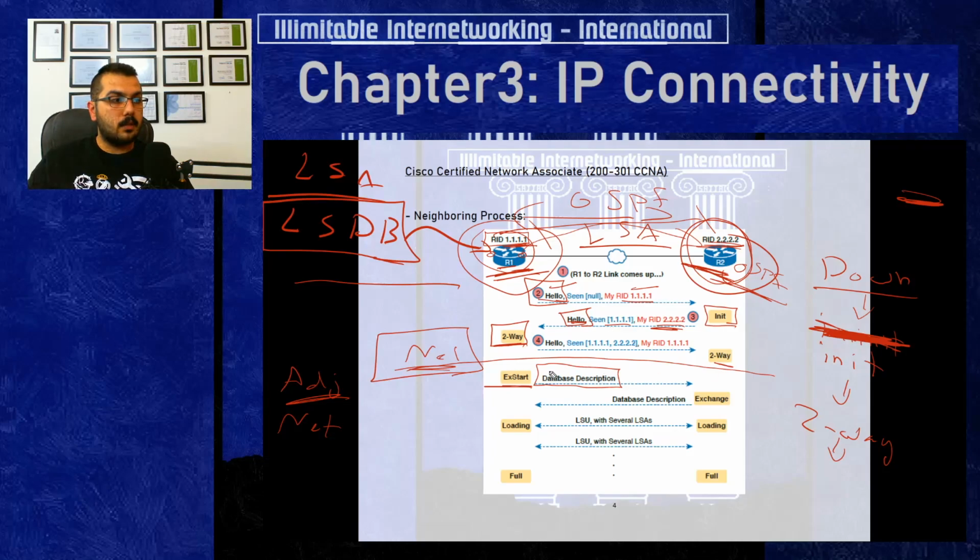I haven't hidden anything from you, so I expect you to do the same with me. Once the other router receives the database description, it must record it inside its own database, and we are stuck in ExStart right now.